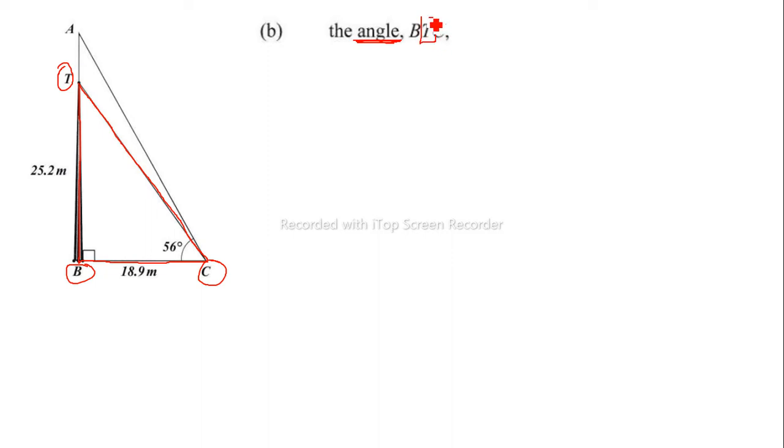Every time you see BTC or however they put it, whatever one they want you to find, they'll put it in the middle. So clearly they want us to figure out what is T, and you can know that because we already know what B is. What's the measure of B? 90 degrees. And what's the measure of C?